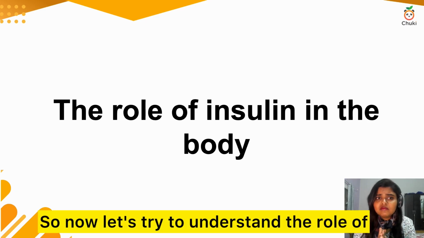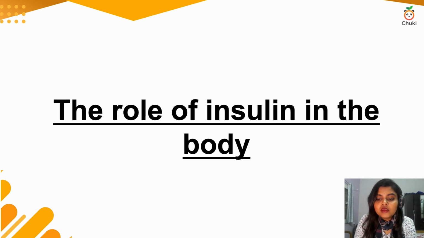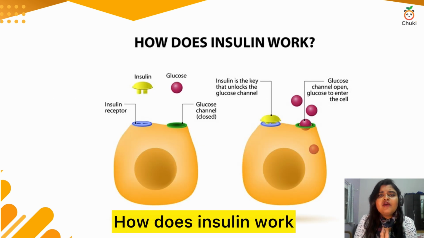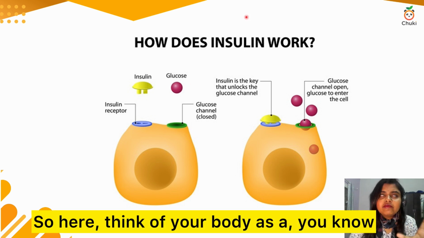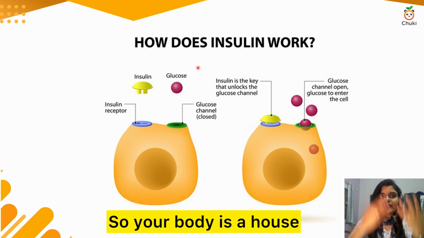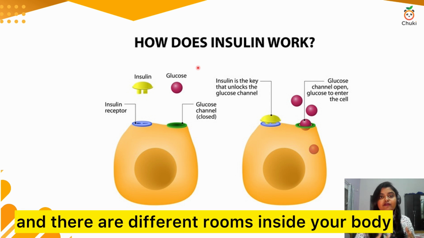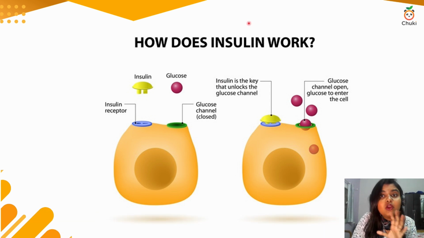So now let's try to understand the role of insulin in the body. How does insulin work? Let me explain. Think of your body as a house and the cells as locked rooms inside, right? So your body is a house and there are different rooms inside it. Those are your cells, okay? They are locked. So what happens?